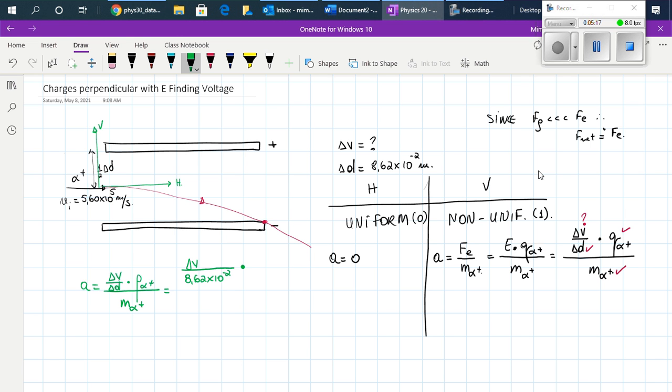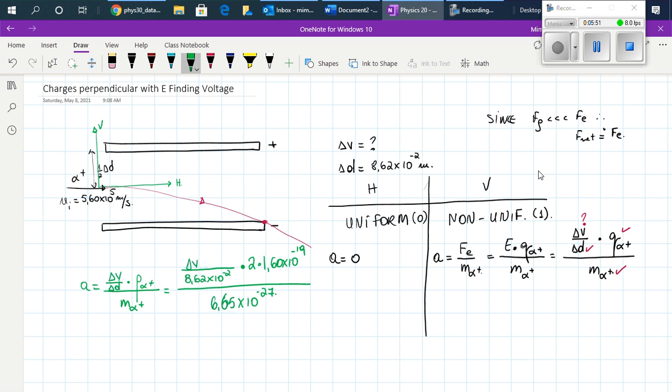The charge of the alpha particle in your data booklet is positive 2e, which means it is a positive charge, and the magnitude is 2 times the elementary charge, so 2 times 1.60 times 10 to the power of -19, over the mass of the alpha particle, which in your data booklet is given as 6.65 times 10 to the power of -27 kilograms.